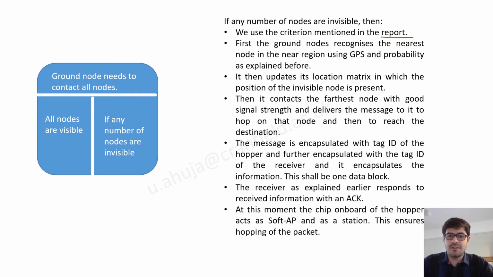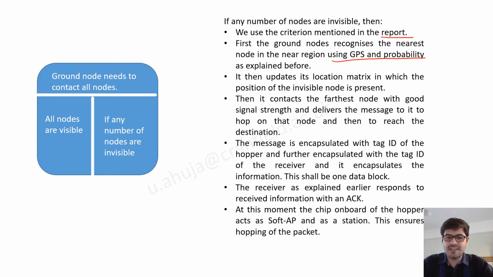First, the ground node recognizes the nearest node in the near region using GPS and probability, as explained before. It then updates its location matrix in which the position of the invisible node is present. Then it contacts the farthest node with good signal strength and delivers the message to it, to hop on that node and then reach the destination.